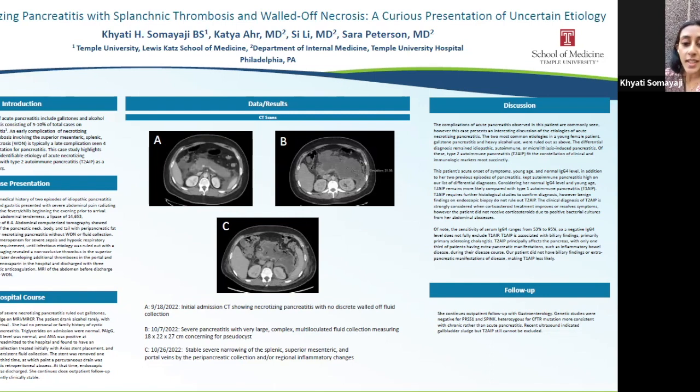And most recently, ultrasound had indicated gallbladder sludge. But at this point, type 2 autoimmune pancreatitis still can't be excluded. So it still remains in the differential, and the definitive test would be histological studies, which would be the next step that we would take.